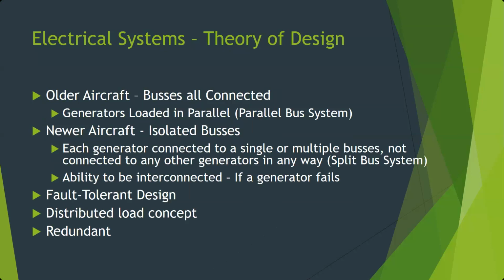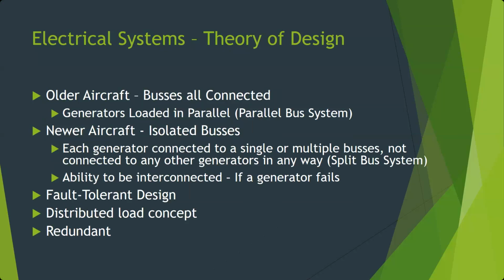Okay? The other part of that is distributed load. When we have those multiple buses, we don't want a whole bunch of stuff all powering off of bus A and almost nothing powering off bus B when they're both driven by two equal engine generators. So we have to distribute our electrical load in a manner that makes sure that's the case.